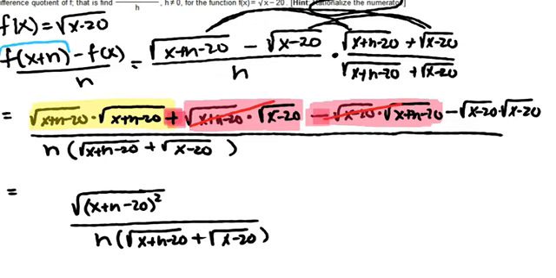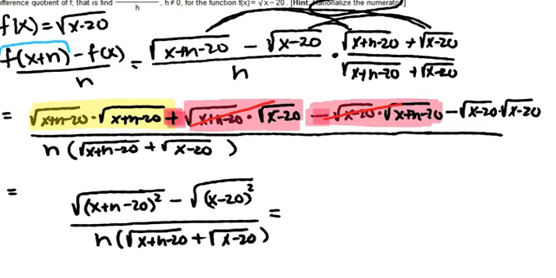They zero out. And then when we multiply these last two together, once again they both have radicals, and they have the same expression underneath the radicals. We're going to multiply those expressions together. x minus 20 times x minus 20 is x minus 20 squared, and that's still underneath the radical with a minus sign.